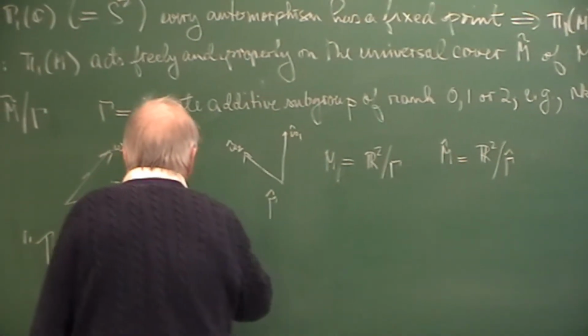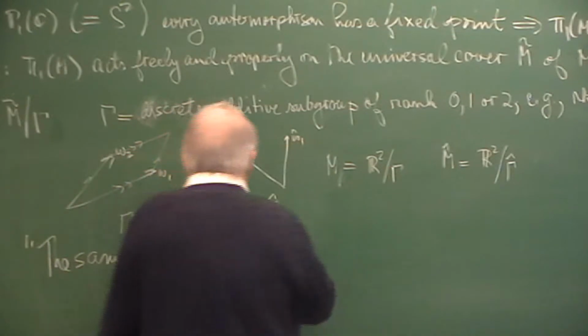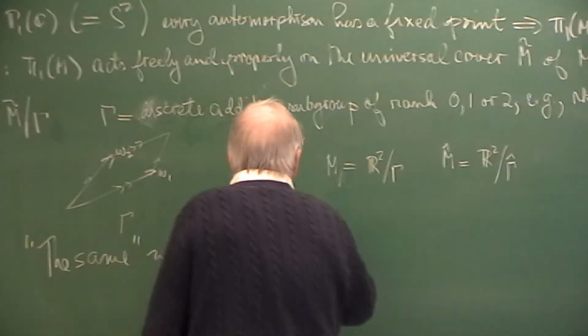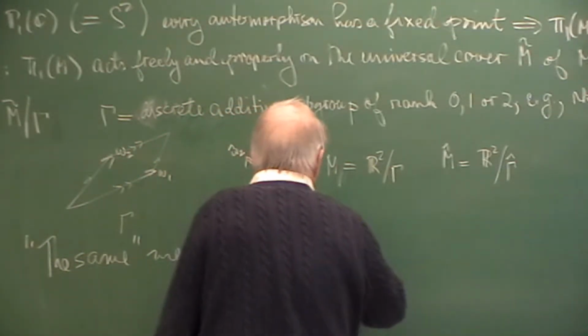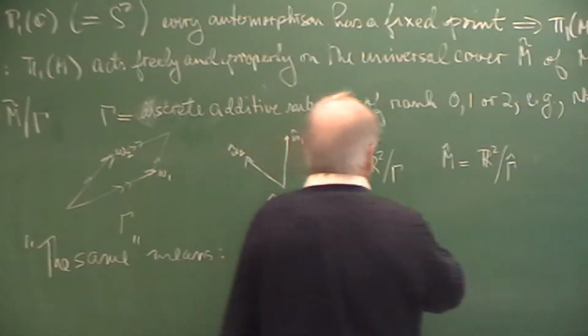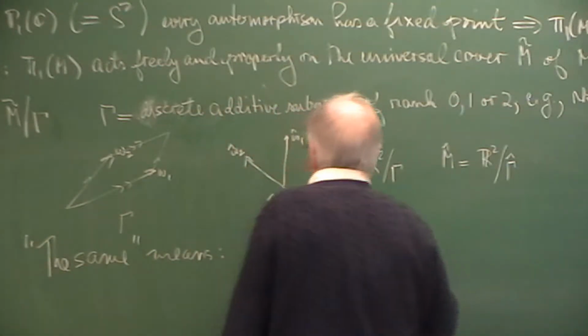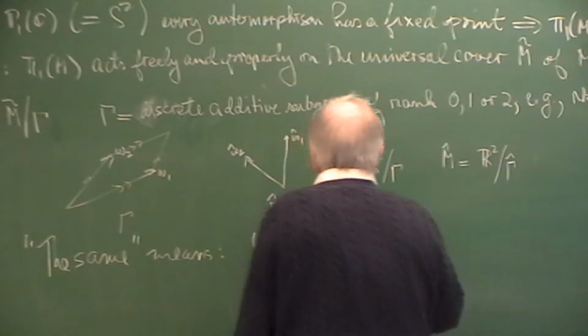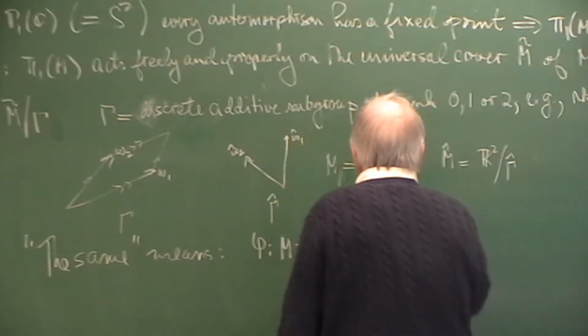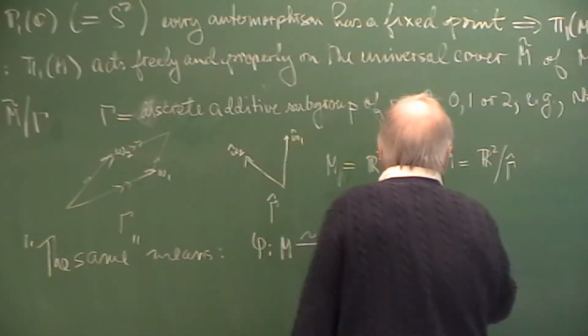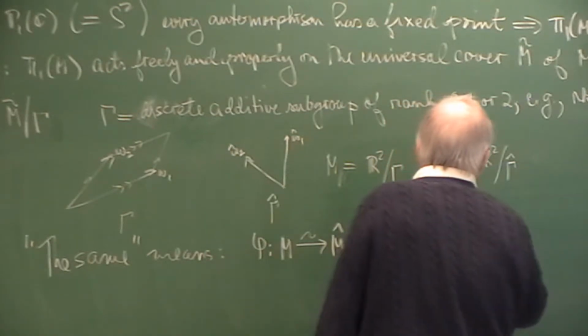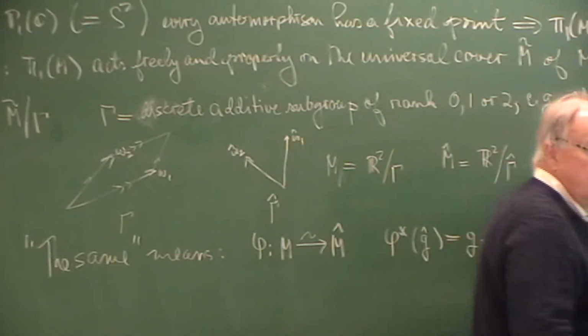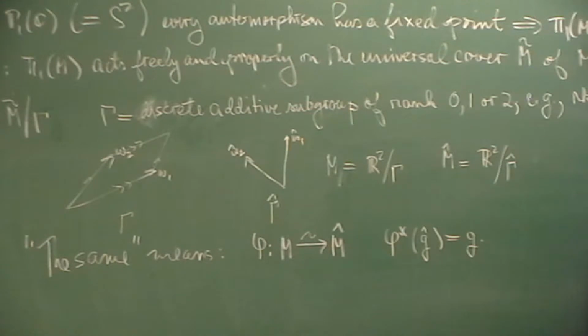So the same means there's a mapping phi from M to M tilde or vice versa, I don't care, M tilde or M hat, which is a diffeomorphism, so which is isometric. So phi star of G hat equals G. Okay.